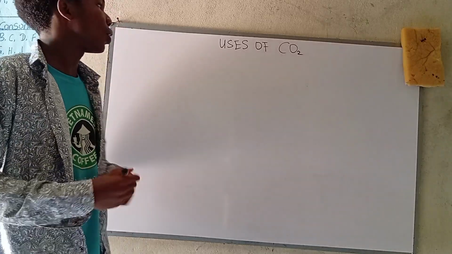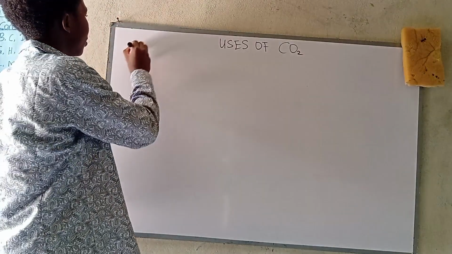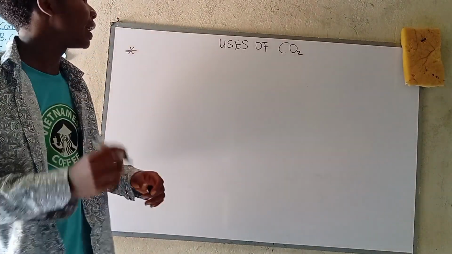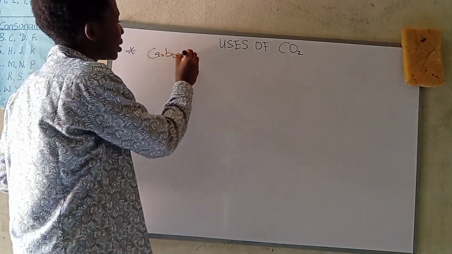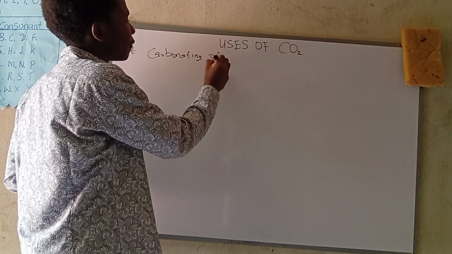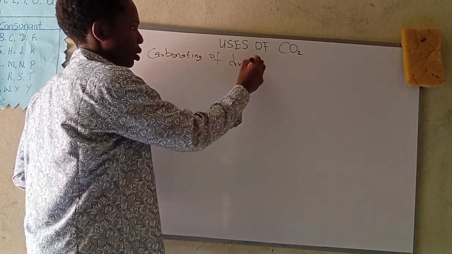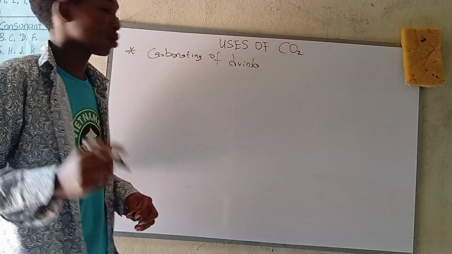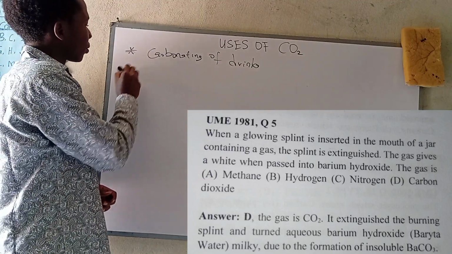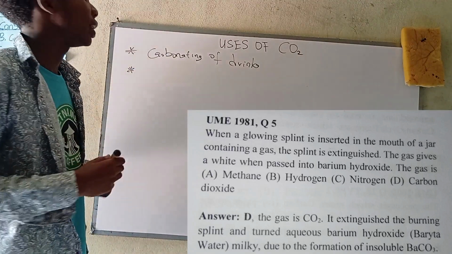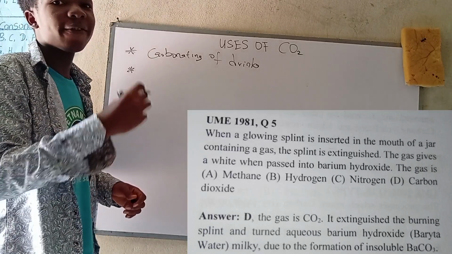Uses of CO2, we have about 5 of them. First of all, I want you to know that it's used for carbonating of drinks. That's the first one you should note. Secondly, it is used as a fire extinguisher.